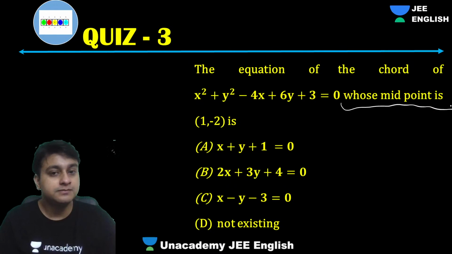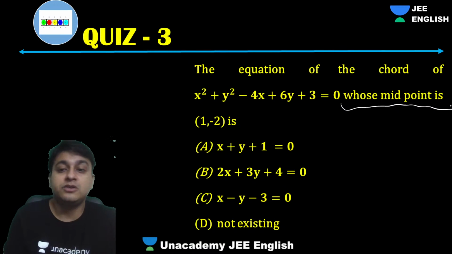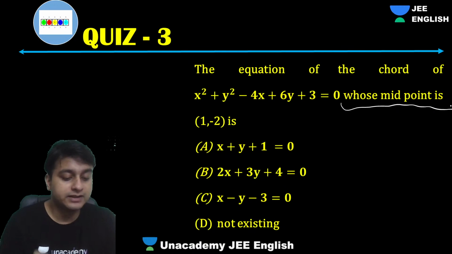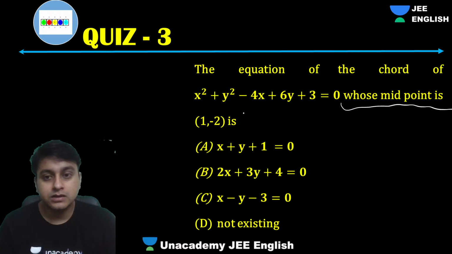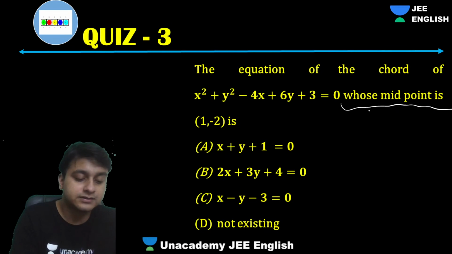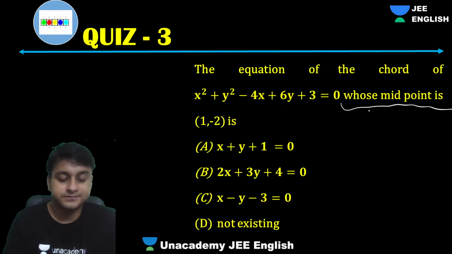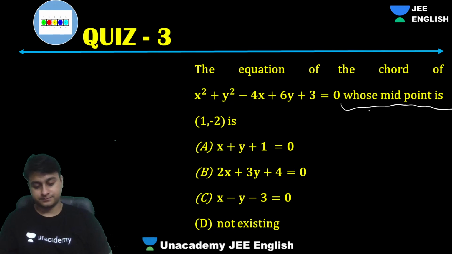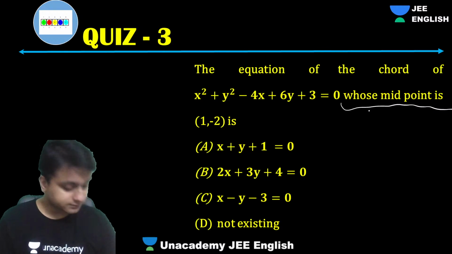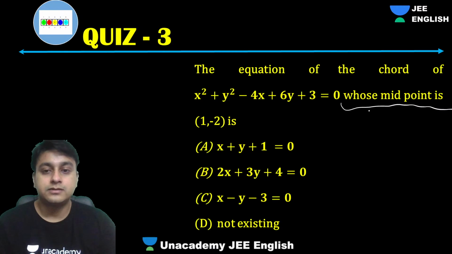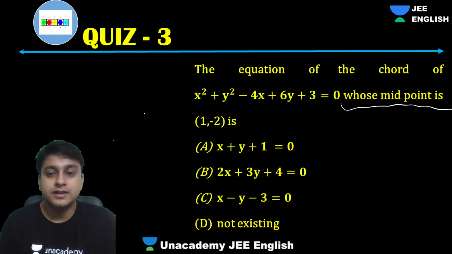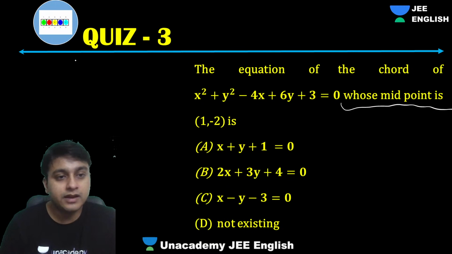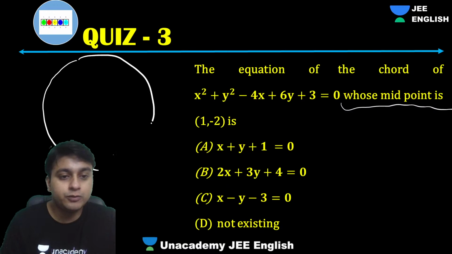We have x square plus y square minus 4x plus 6y plus 3 equals 0, whose chord has midpoint 1 comma minus 2. So in this, the circle is given and we have been given the midpoint of the chord. We need the equation of the chord.